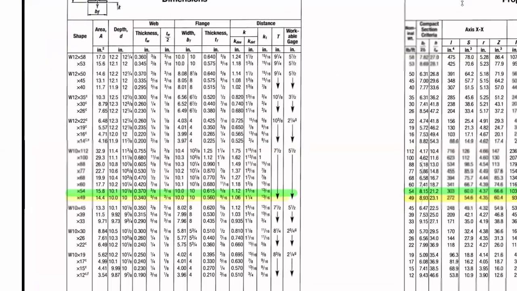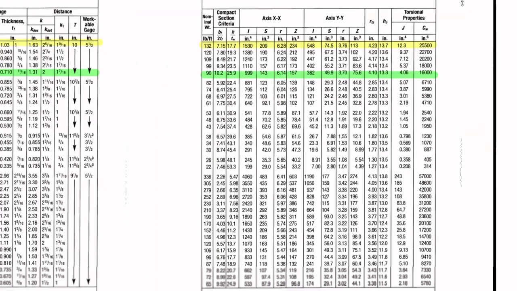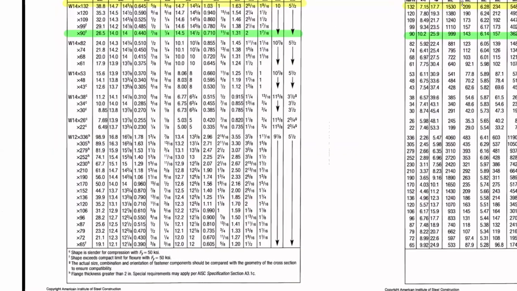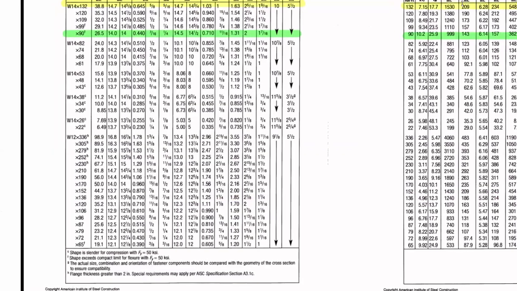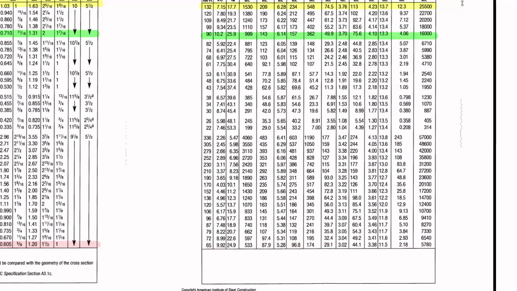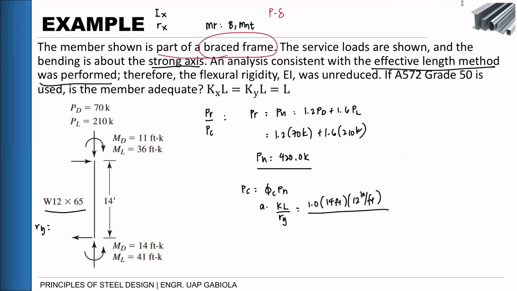Looking at this table, W12 by 65, the last one, we need ry, which is 3.02 inches.